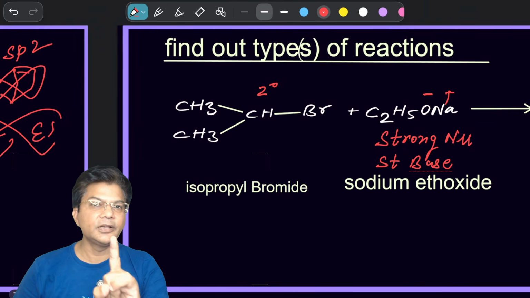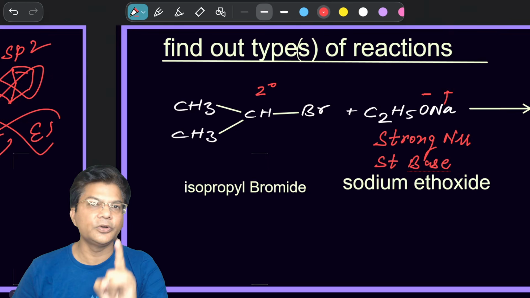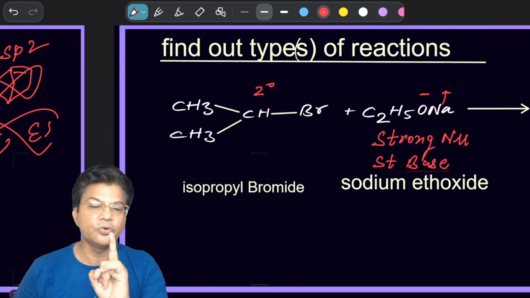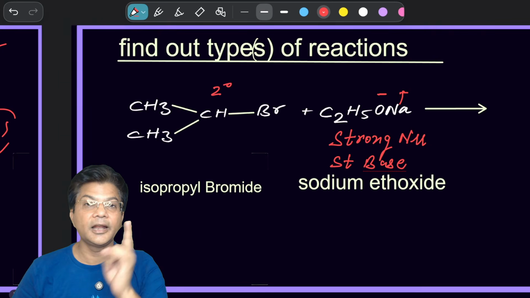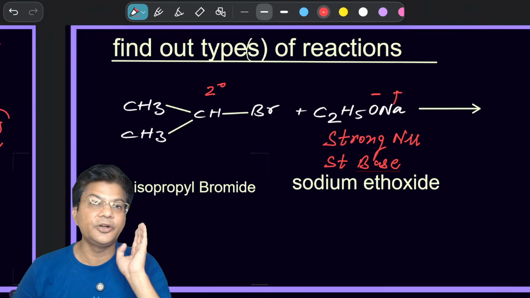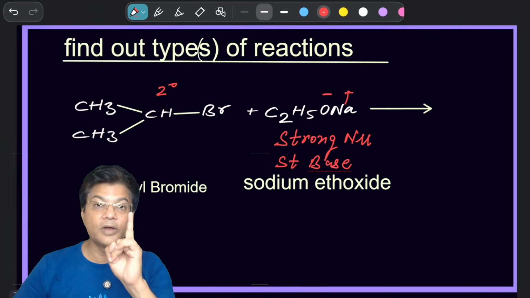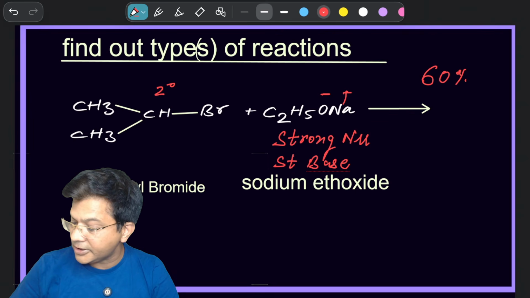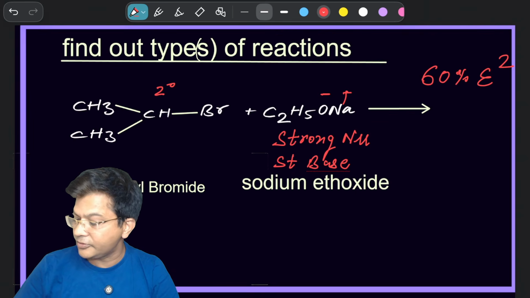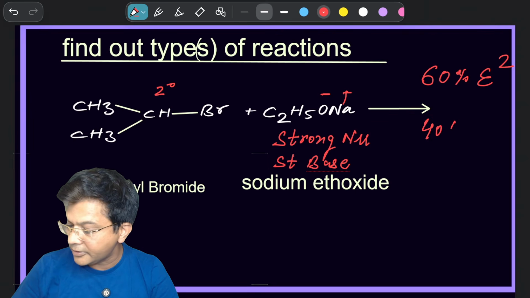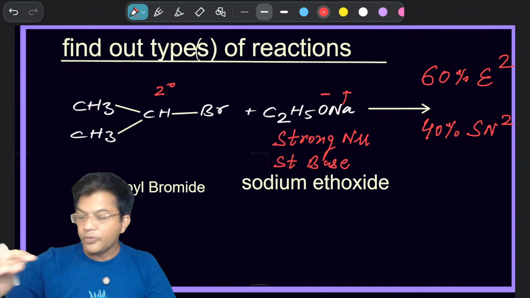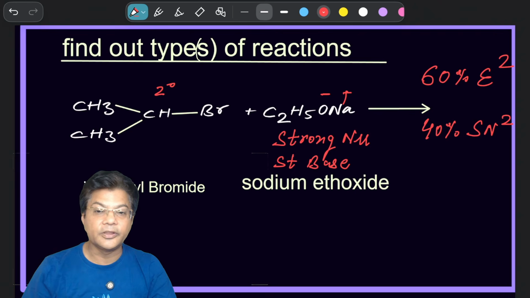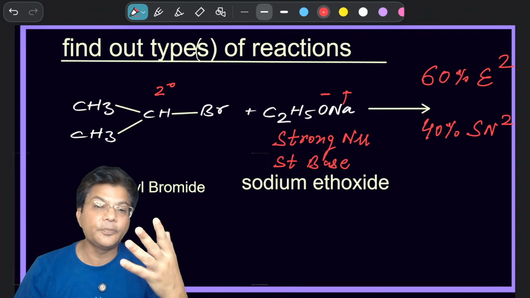So single step substitution is SN2 and single step elimination is E2. Remember that for a 2 degree alkyl halide, whether the temperature is mentioned or not, it will always do more elimination. So 60% elimination E2, it is given in NCERT, and 40% substitution SN2. If you give temperature, then the elimination amount will keep on increasing.